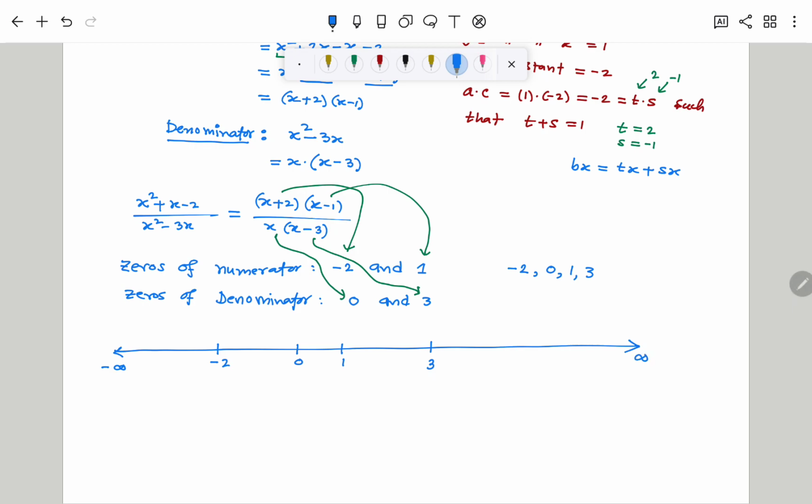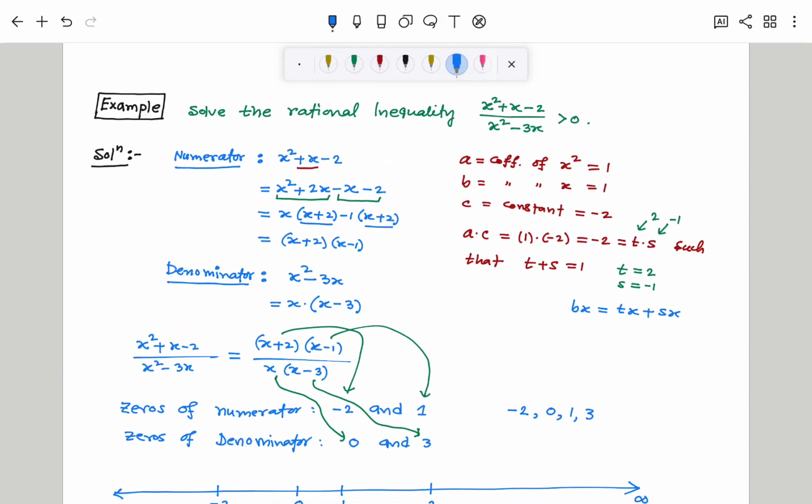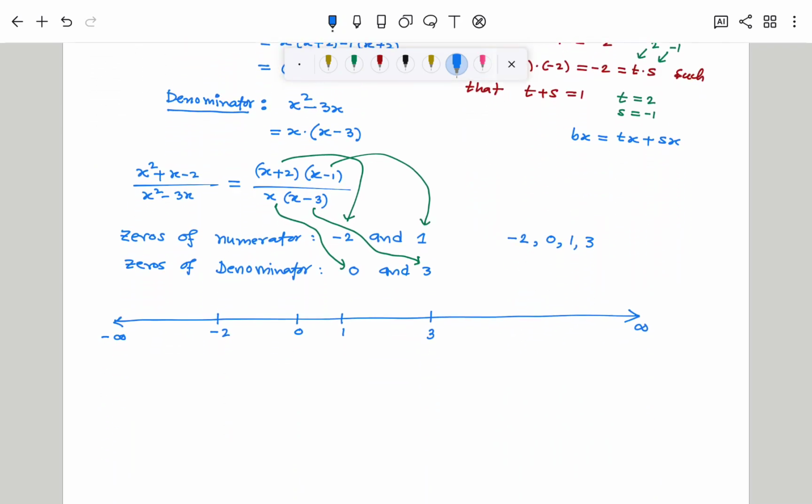Now on each subinterval we will check the sign of this rational expression, and from there we decide which subinterval we take and which we will not take.